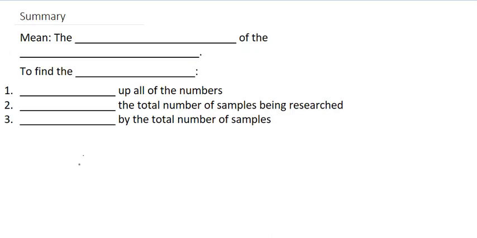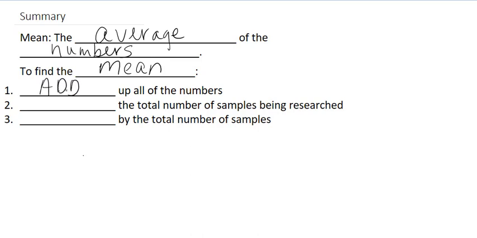Mean is the average of the numbers, and to find the mean, we add up all the numbers, count the total number of samples being researched, and divide by the total number of samples.